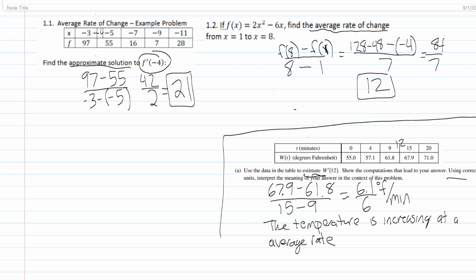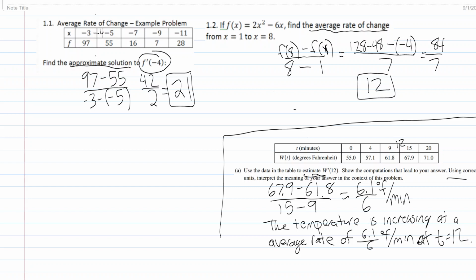Now they did say estimate, so we can go back to the average rate of change and use average rate as our keyword, of 6.1 over 6 degrees Fahrenheit per minute. And, at time equals 12. And that's a pretty good way to answer that question.